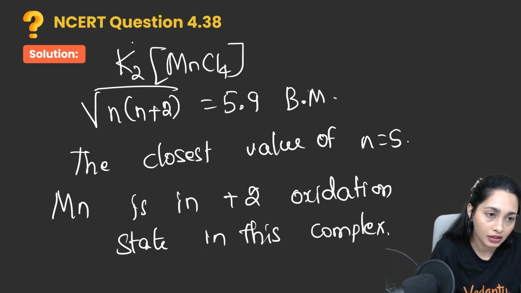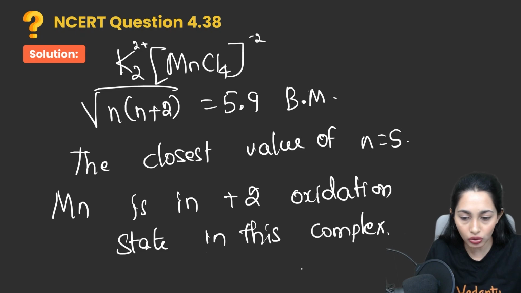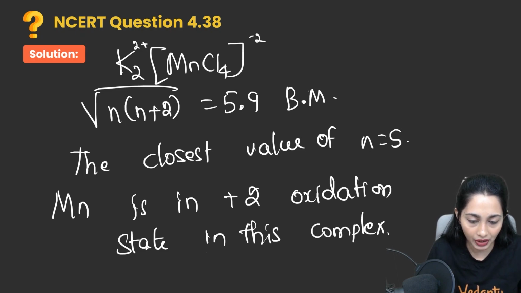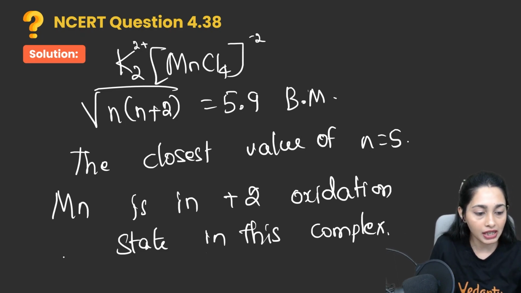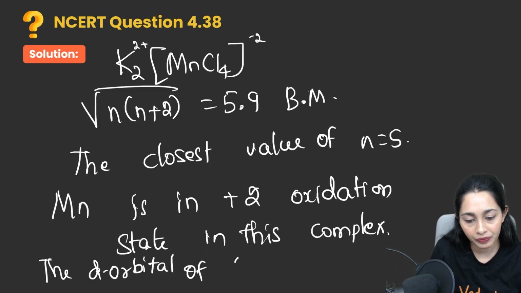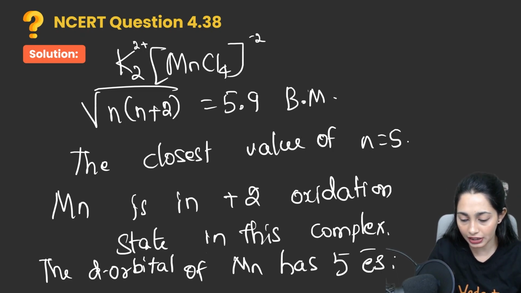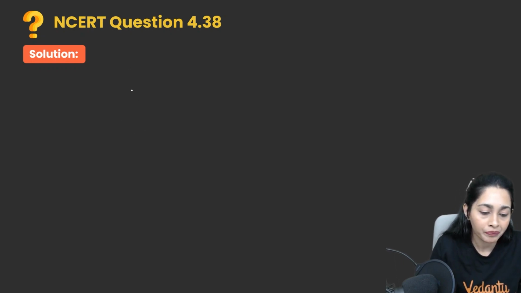See here, this has 2 plus, so it's going to be -2. Okay. So yes, +2 oxidation state. Which means that the d orbital of Mn has 5 electrons.